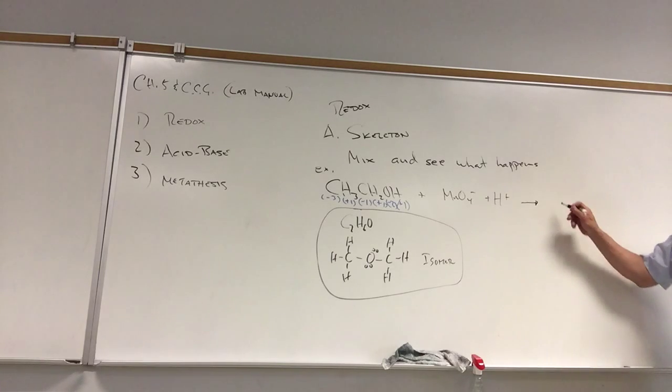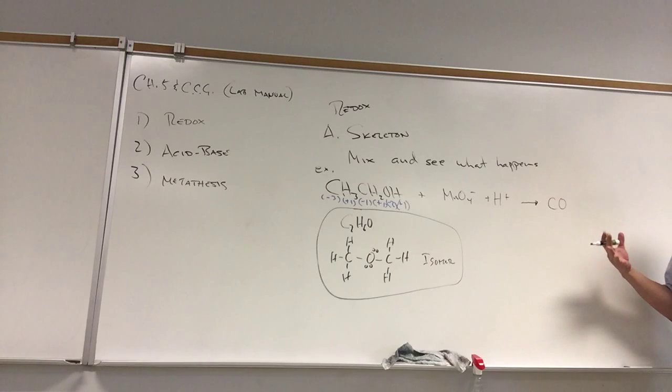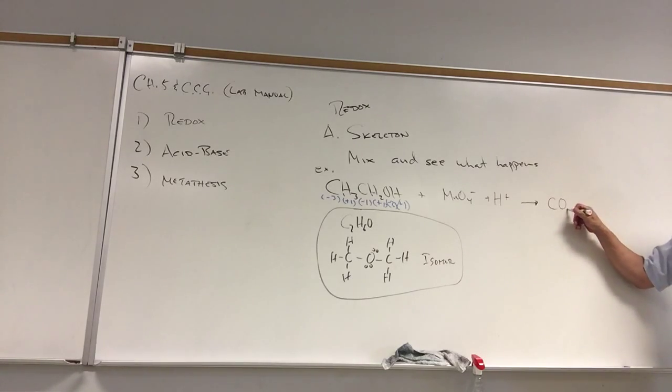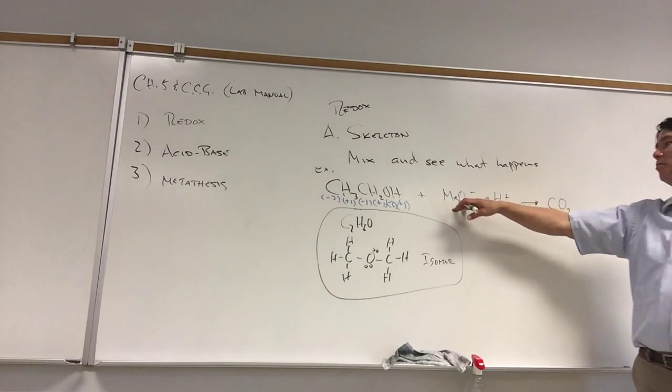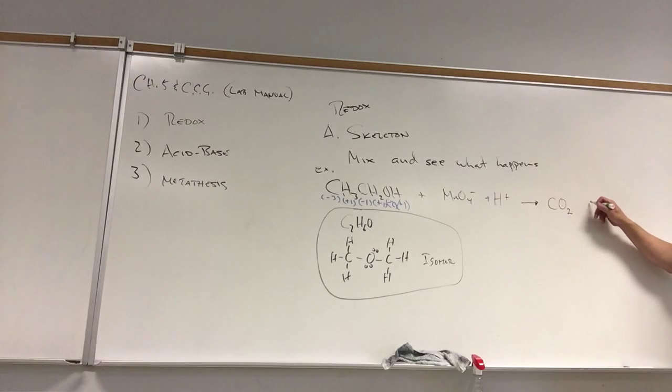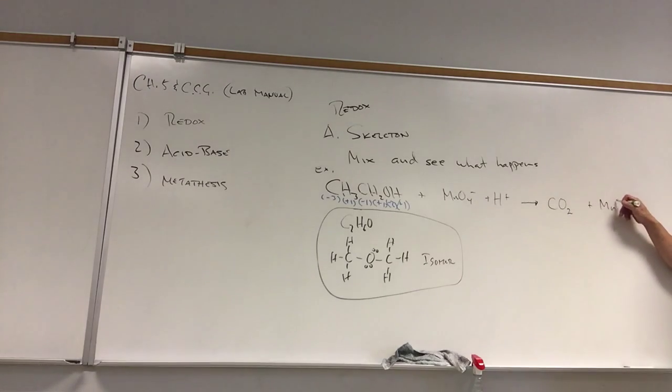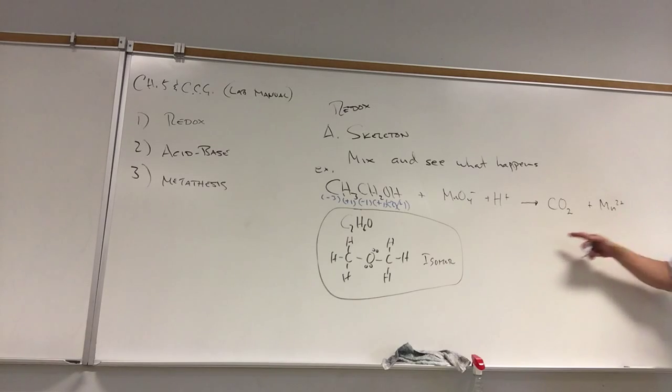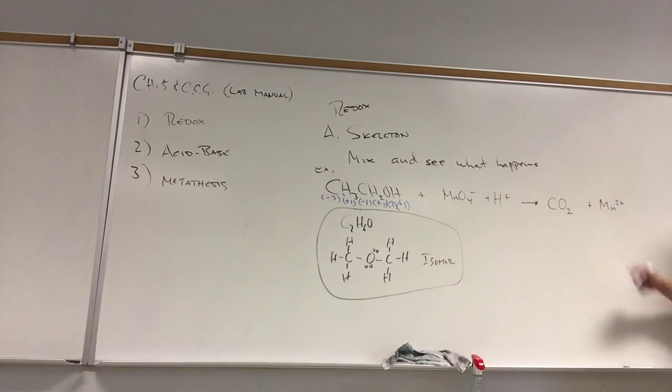Under these conditions, which change depending on how you react it, I got some CO2, and the permanganate goes from a deep purple, which is characteristic, to a very light faint pink, which is characteristic of manganese 2+. So the permanganate changed from a deep purple color to a light pink color, indicating that we went to manganese 2+. This is what we call a skeleton reaction, because we just mix these together and saw what happens.